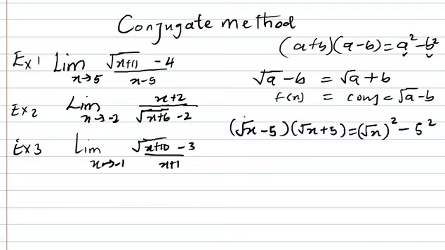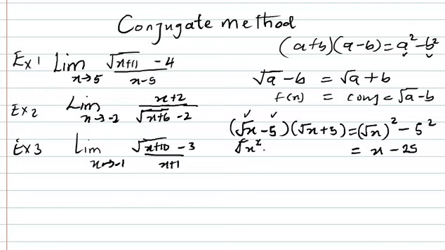You just take the first one, square it, and then the second one, square it with the negative sign. Likewise, you can open the parentheses: root of x squared is x, minus 5 squared, which is 25.